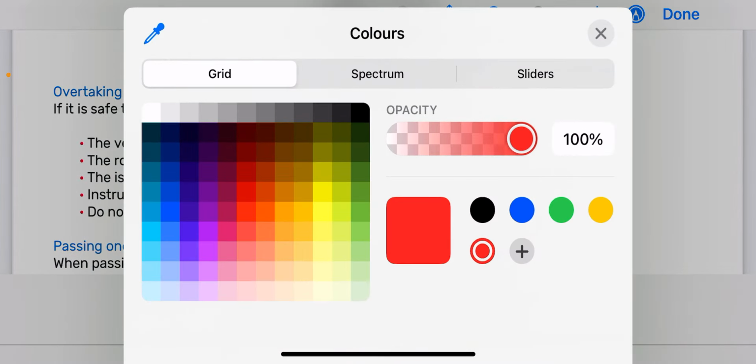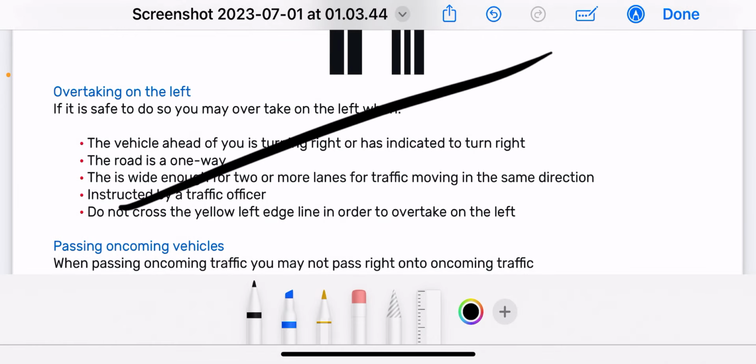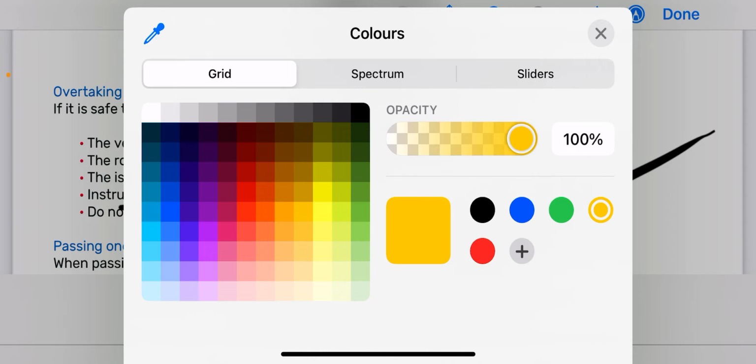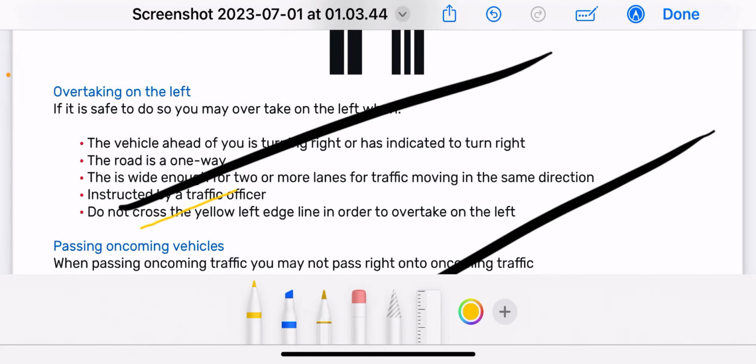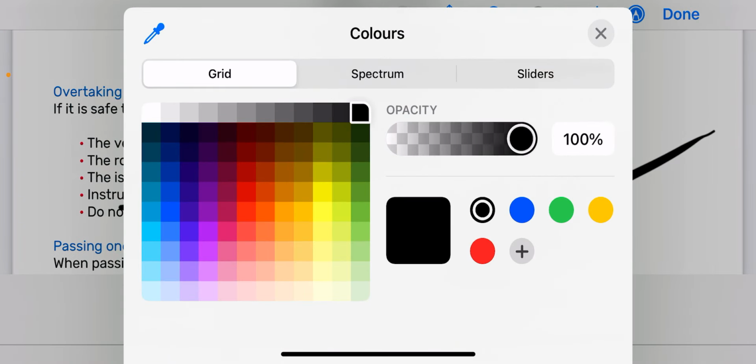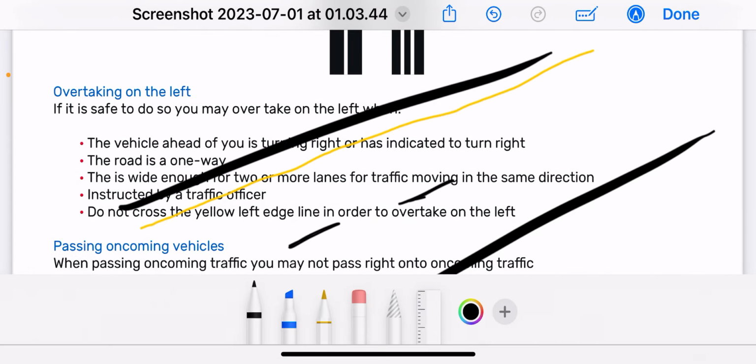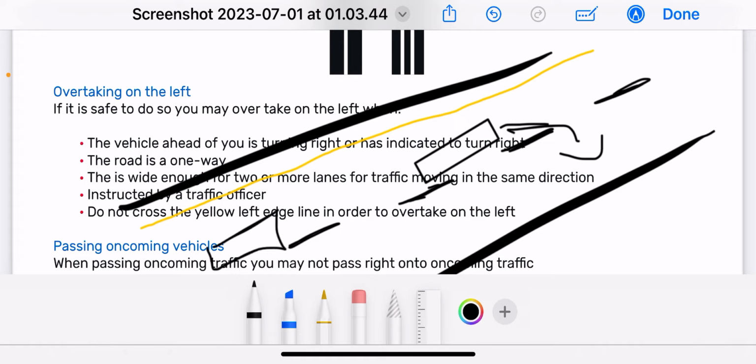So let's say this is the road, okay, and there is the yellow left edge line there. Then your road is divided like this, obviously. Okay, so let's say maybe this vehicle traveling here has indicated to turn here, you are traveling here, this car is indicating to turn.